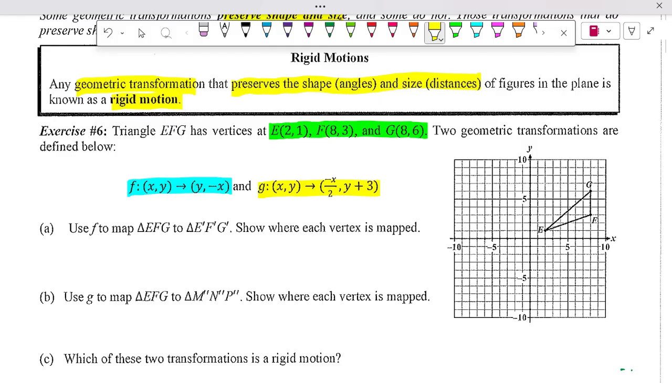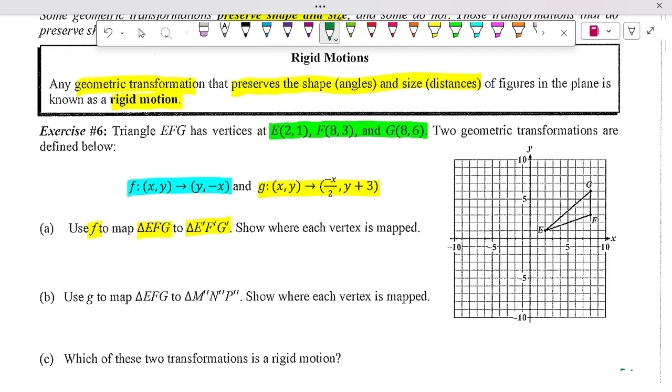So here's my question. All right. Let's go to letter A first. So we're going to use F to map EFG to be E prime, F prime, and G prime. So we're using the blue function.